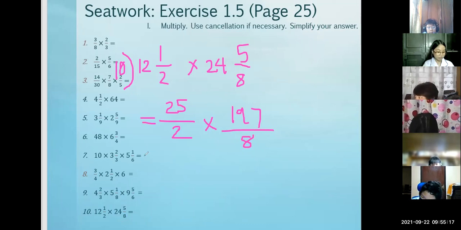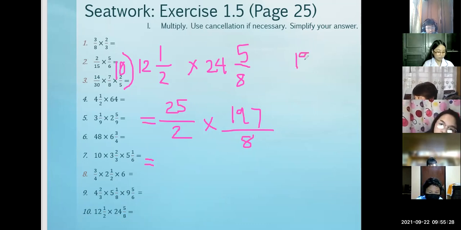Wala. This time, you need to multiply lahat ng numbers. So, multiply natin 197 times 25.